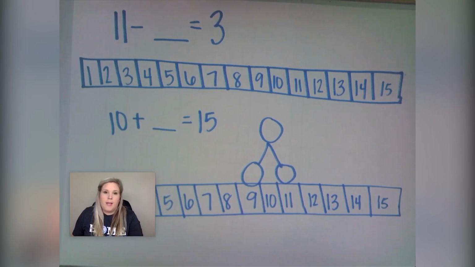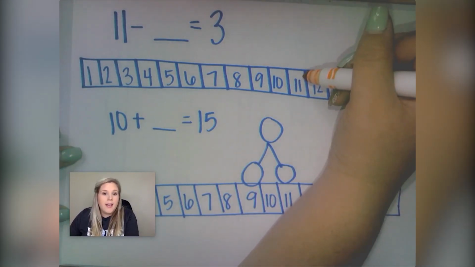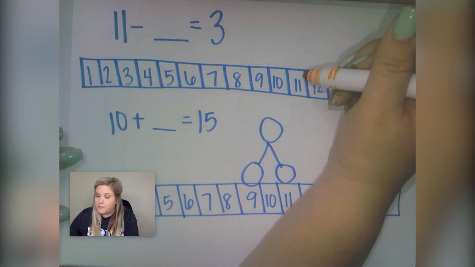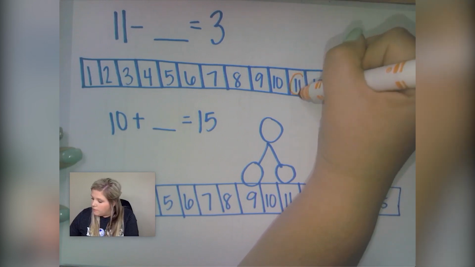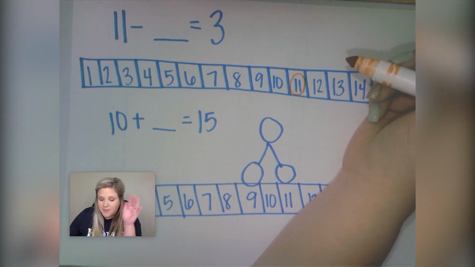Our first step is to circle the number 11. I want you, instead of circling yours, to touch the number 11 with your finger. What can I do next?